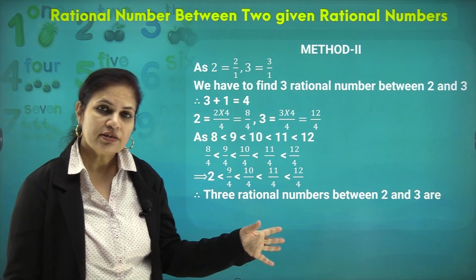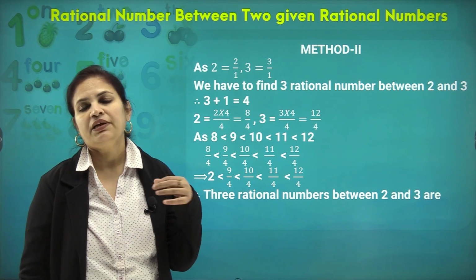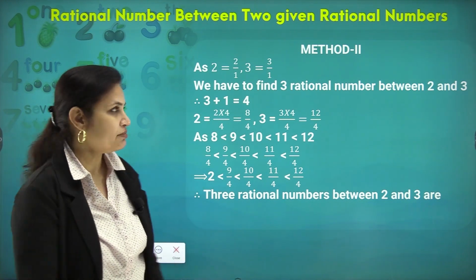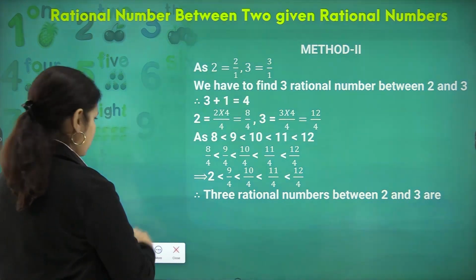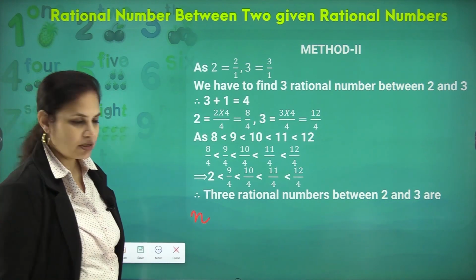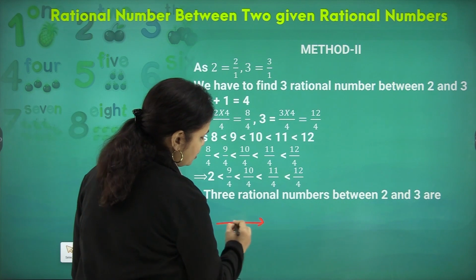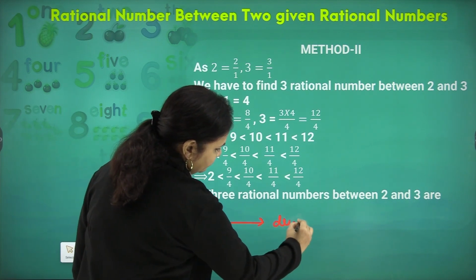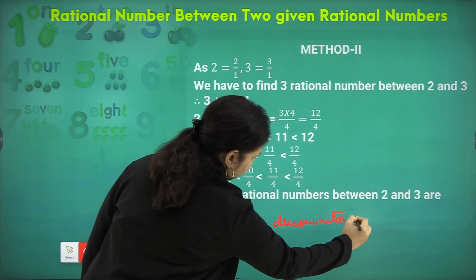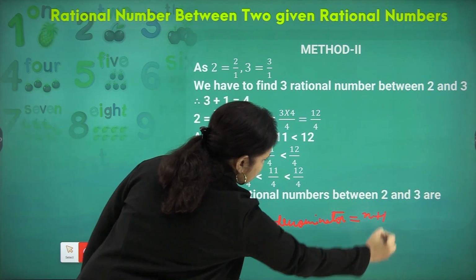Had 4 rational numbers been inserted, we should have made the denominator 5 and so on. So, if we were supposed to insert n rational numbers, then the denominator would have been n plus 1.